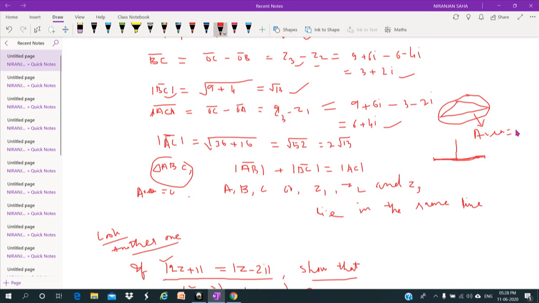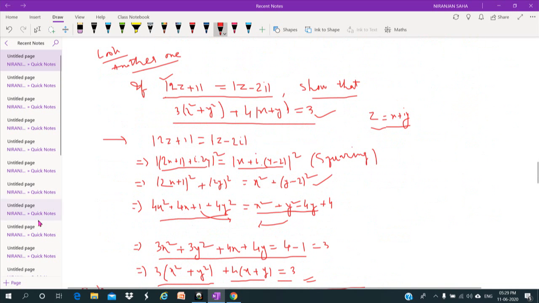So here we will prove this for the 3 points A, B, and C. If you look at this, AB plus BC is equal to AC. So the longest side is equal to the sum of the two smaller sides. So it cannot form a triangle. It must be collinear. So here Z1, Z2, Z3 are collinear or lie on the same line.